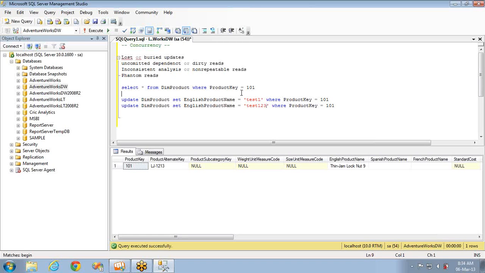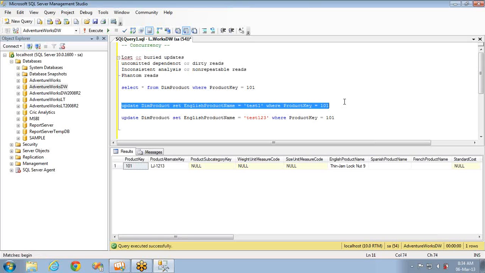There is no transaction at this point of time. Let's say the first query is being executed by user 1 who sits in USA, and the second query is being executed by user 2 who sits in some other place or in the same place. The place doesn't matter here.